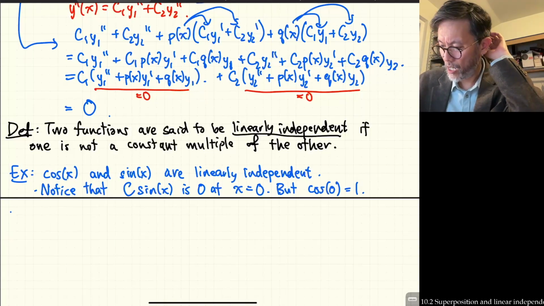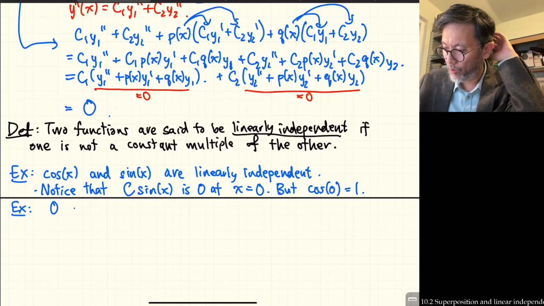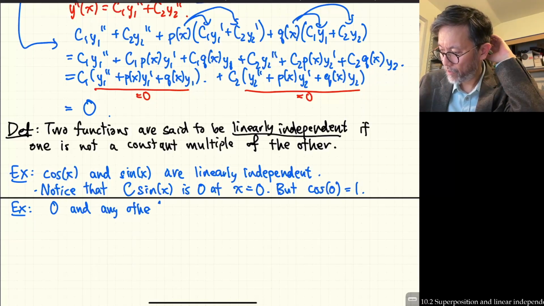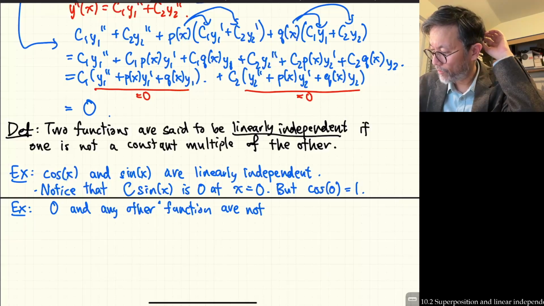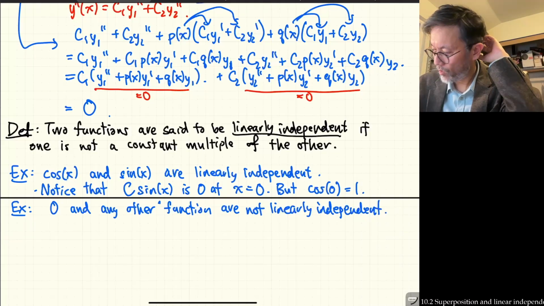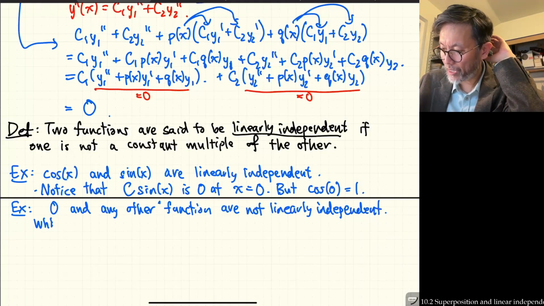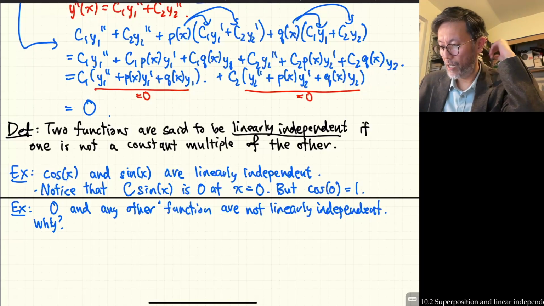All right? Let me give you another example. If you take 0 and any other function, these are not linearly independent. Why? Because I can always exhibit a multiple of f of x which is equal to the 0 function.